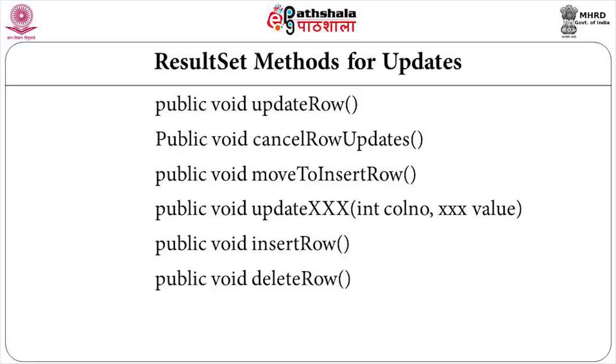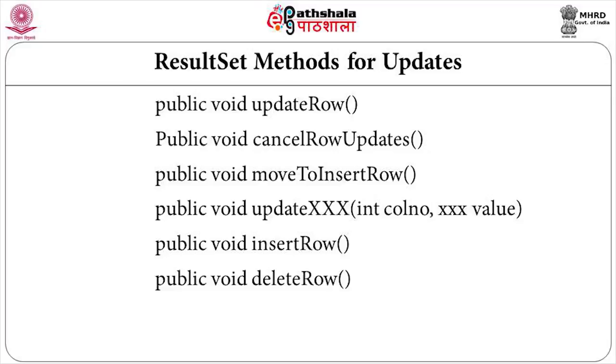You have the navigation methods, so move to the row you want to delete and just call the method deleteRow. That row would be deleted. These methods are for an updatable result set only; they would not work for read only.